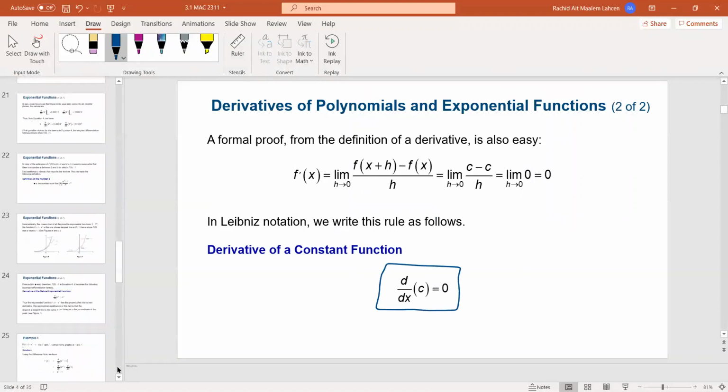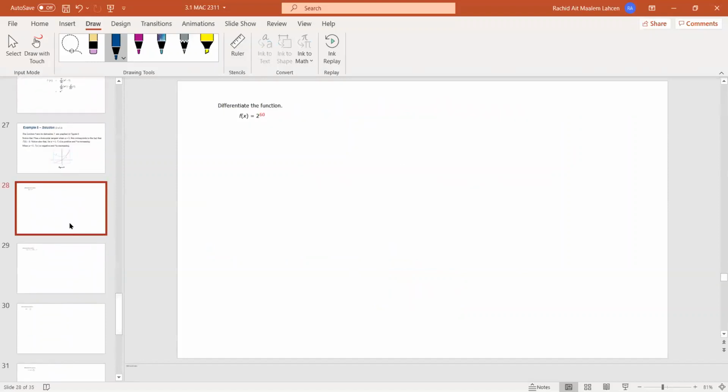And saying that, if we go to homework, so for this, differentiate the function, there is no x as the variable. It's not a power formula as far as the function, it's just a constant, right?